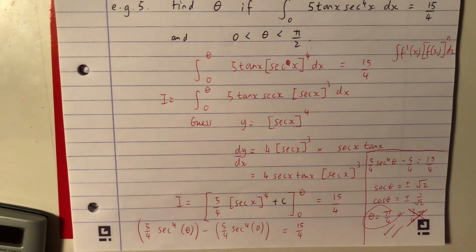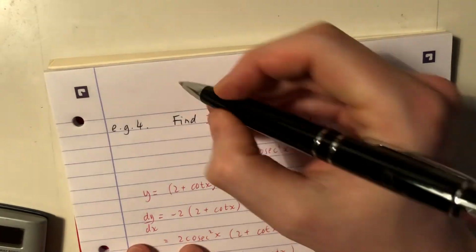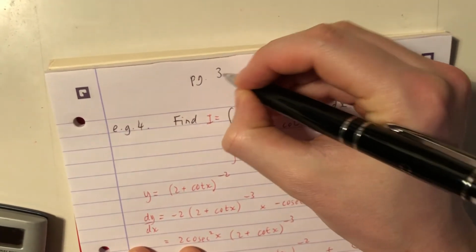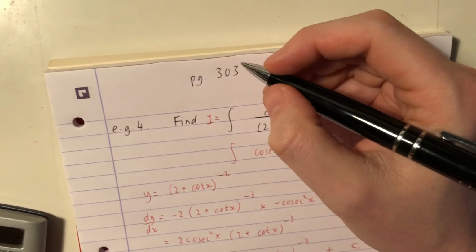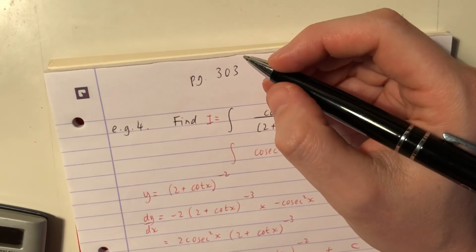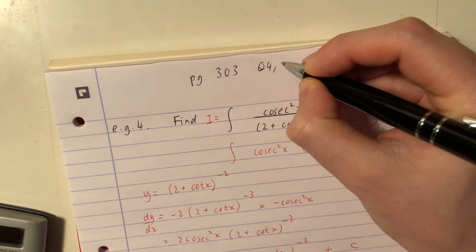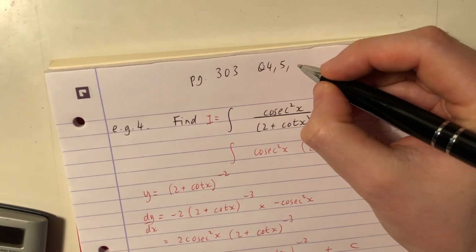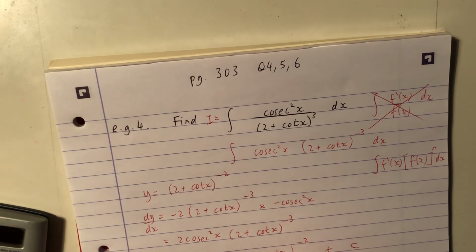So we are looking at page 303, and we're going to try effectively questions 4, 5, and 6. If you can't do any of those, let me know in the chat and I'll send you some hints and solutions or whatever.